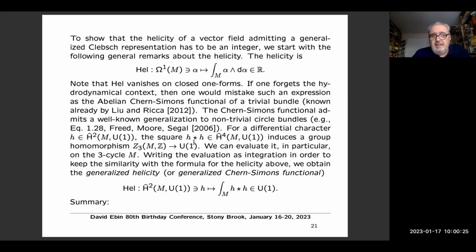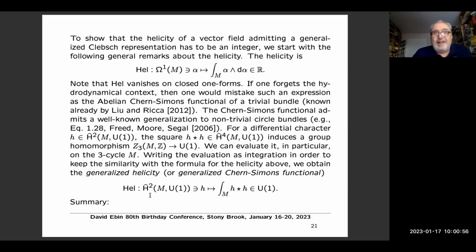But it adds the degrees. H star H is a fourth-order Chern-Simons character. This induces automatically, by definition, a homomorphism of the cycles with integral coefficients to the circle. So we can evaluate it in particular on a three-cycle. You write the evaluation as integration in order to have the intuition that this is what you're doing. And you get a generalized helicity.